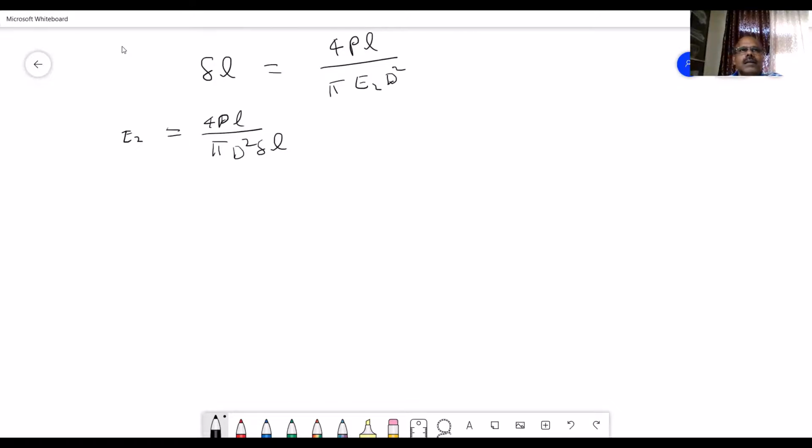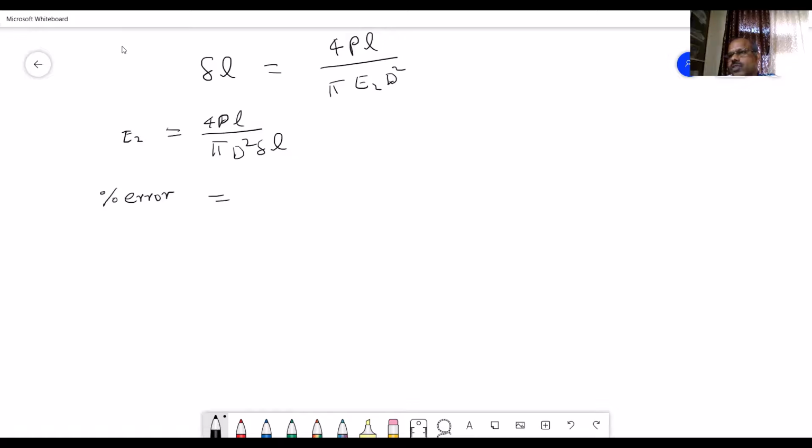Now we have to calculate the percentage error involved in using the mean diameter. The percentage error is coming because we have considered the mean diameter instead of the taper diameter.